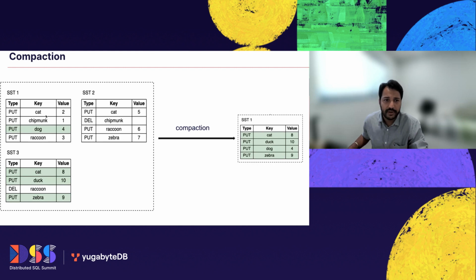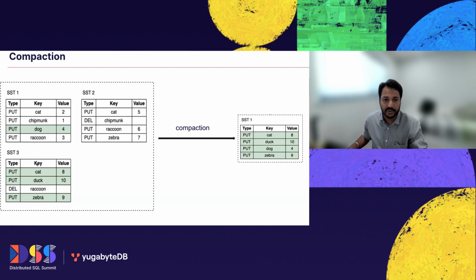You have some entries coming in from the client, and the client sent cat, chipmunk, dog, and raccoon with some values associated. But with time, the client is updating some values. So now cat's value is changed to 5, chipmunk was deleted, raccoon's value was changed to 6, and a new entry for zebra was added.